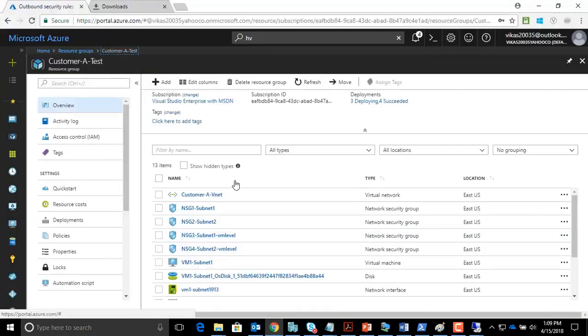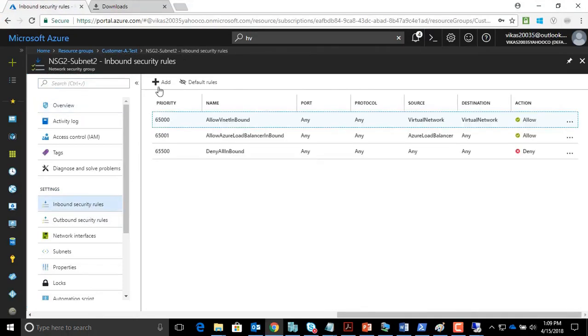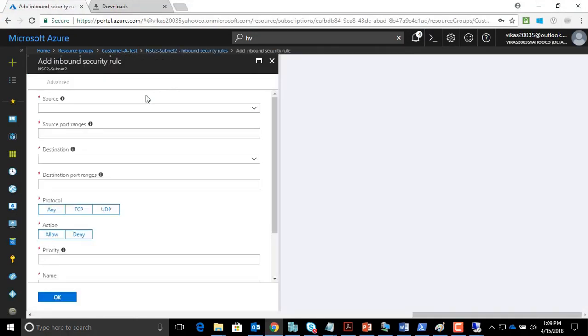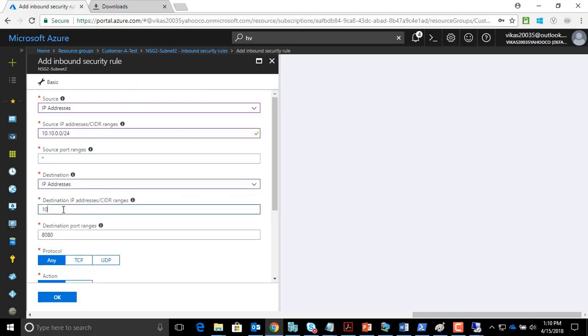So if I'll go to the NSG number 2, which is subnet 2, inbound rule, add. I'm not going to touch basic rule, source. So anyone from subnet 1, 10.10.0.0, subnet 1, all the range, destination will be subnet 2, 10.10.1.0, 3389 should be allowed.